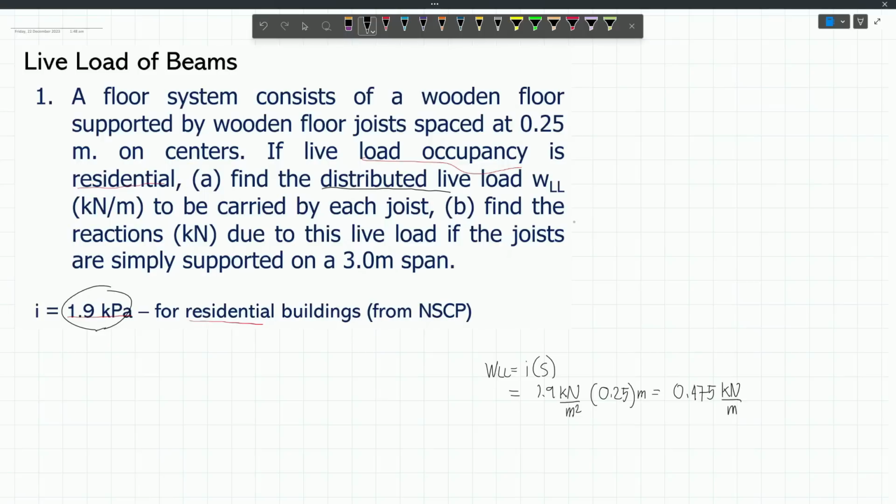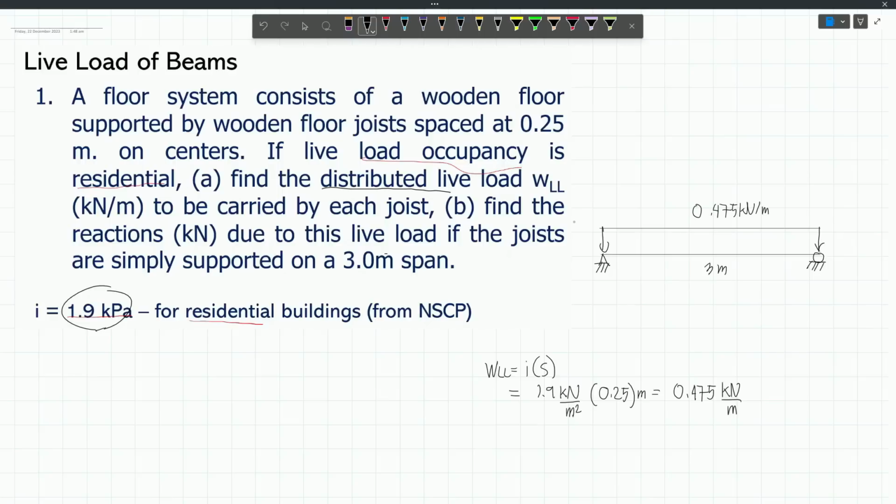kN per m. Now, we also have to compute the reactions due to this live load. If the joists are simply supported on a 3 m span, ito yung mangyayari. We have 3 meters, simply supported, and then we have WLL equal to 0.475 kN per m.